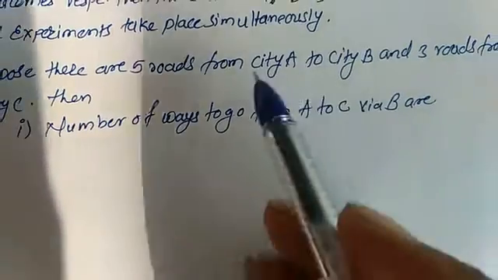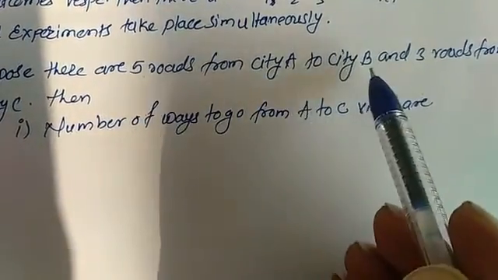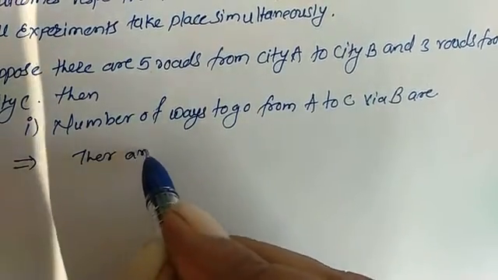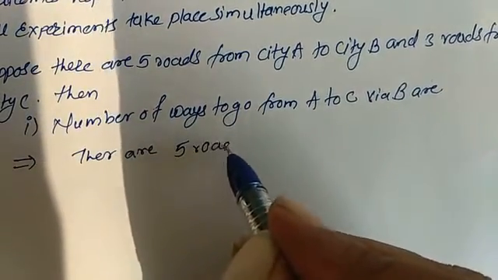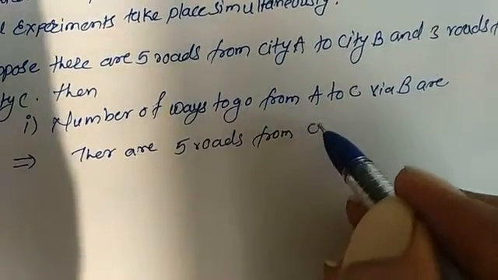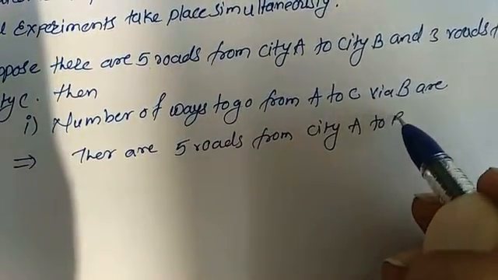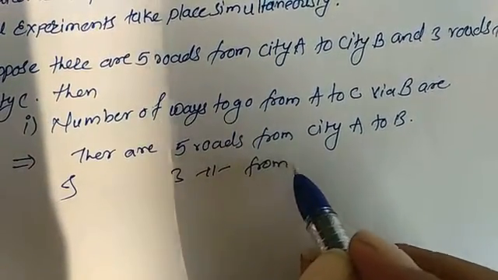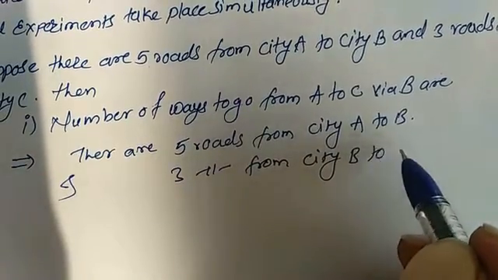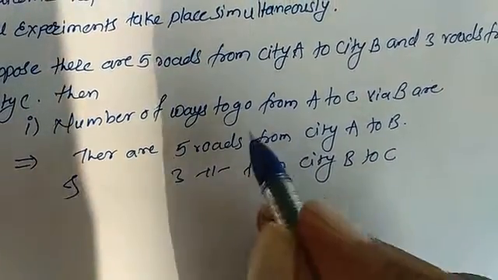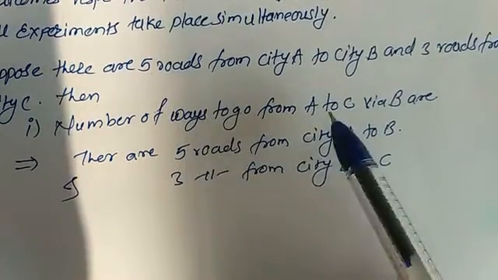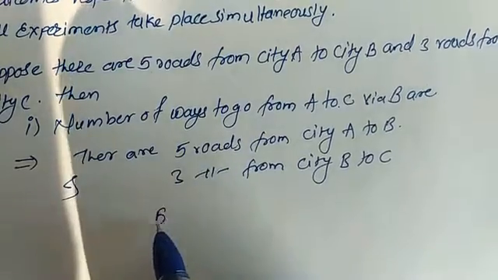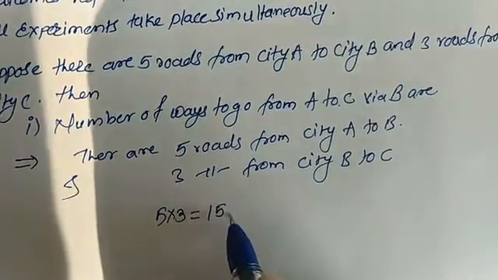Okay, so there are 5 roads from city A to B. So in the solution, there are 5 roads from city A to B and 3 roads from city B to C. Okay, so the total possibilities to go from A to C will be 5 into 3, which is equal to 15.